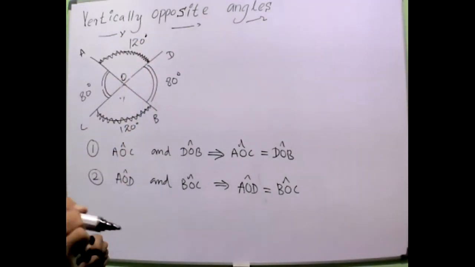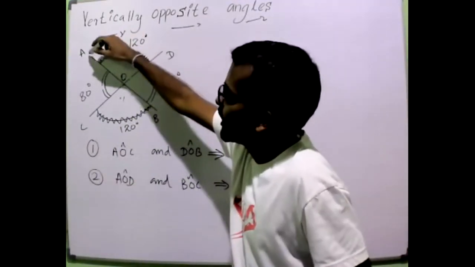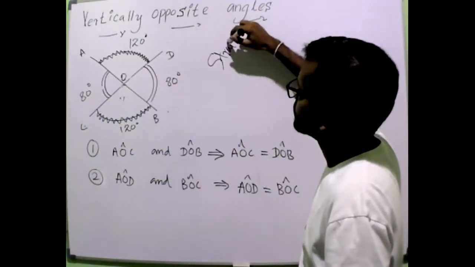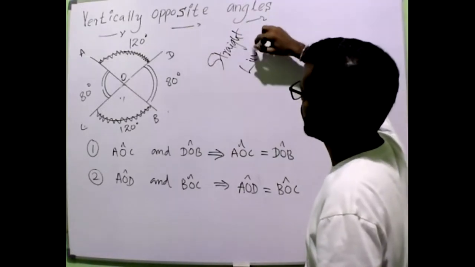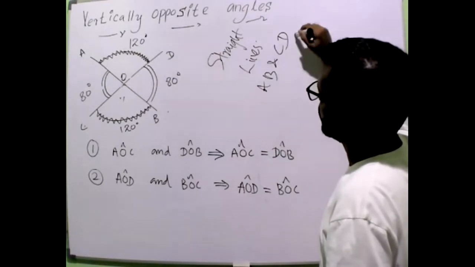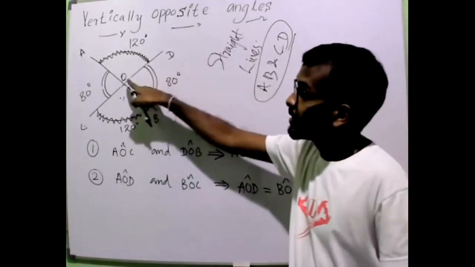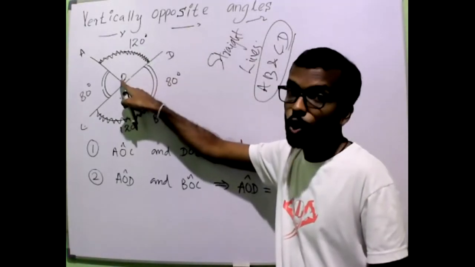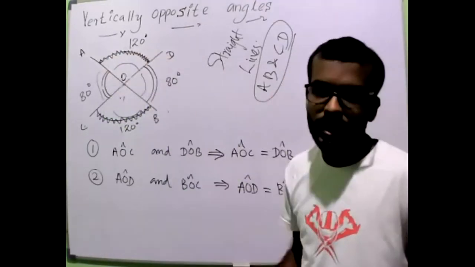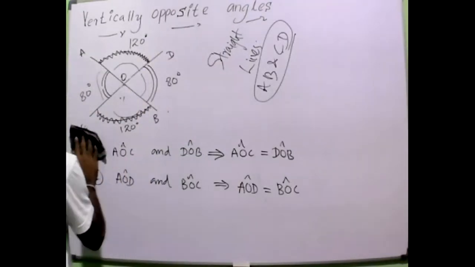But this happens if and only if AB and CD are straight lines. If AB and CD are straight lines and intersect at point O, then these angles become vertically opposite angles. This is the thing you need to keep in your mind.